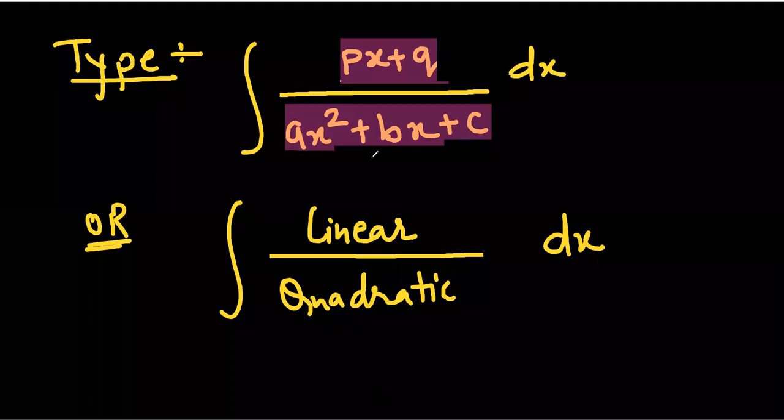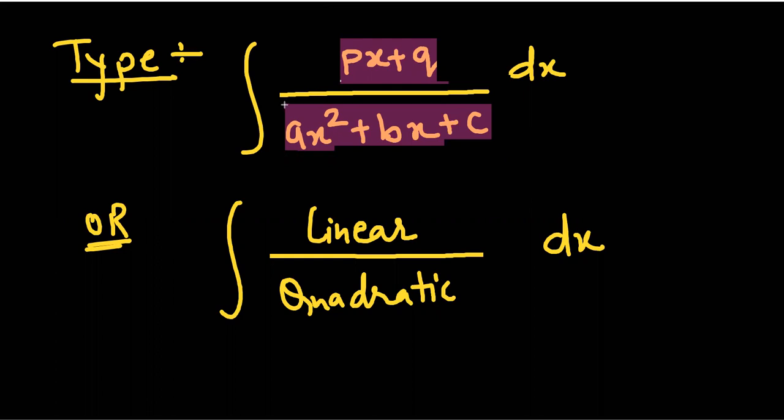So after linear upon quadratic type, which we just solved, we first saw the type linear upon quadratic. Then we took problems on linear upon quadratic. The next type now we are taking is linear upon root quadratic.